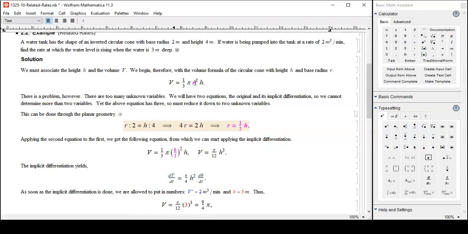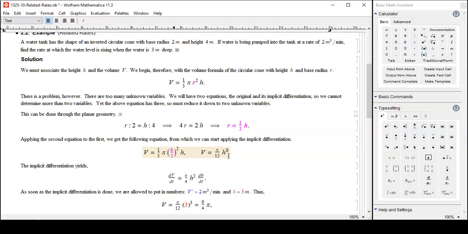So here, plug in there, and half of h squared times h. So if you simplify, h squared times h, so we have h cubed. And then 2 squared is 4, so you get 3 times 4, 12 in the denominator. Make sense? Once you have this, you're now ready.